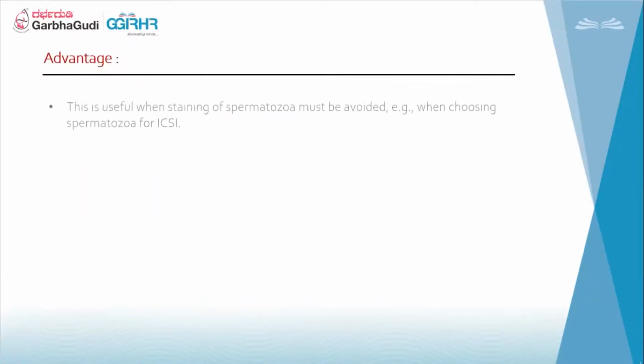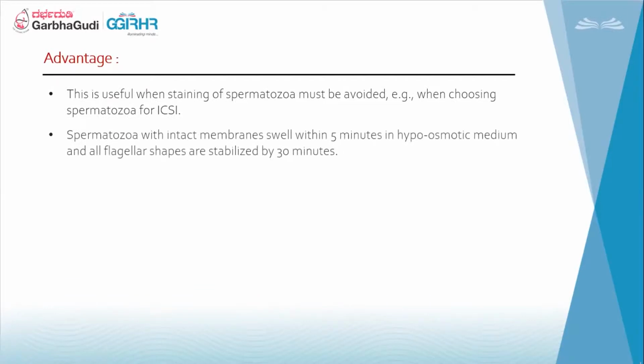So what is the advantage of this test? Why should we take this test? It is useful when staining of spermatozoa must be avoided, when choosing spermatozoa for ICSI. On the day of the procedure, we want to know which sperm is viable and which is not. Then what we can do is HOS ICSI.